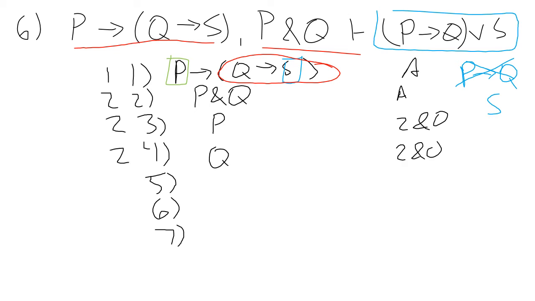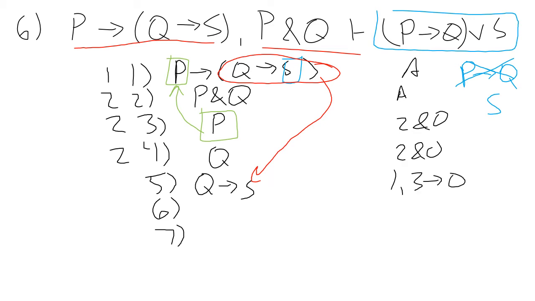And now I've got my antecedent for my conditional statement. Have to write the whole consequent down here. That's going to be from 1 and 3, arrow out, 1 and 2. 1's next to 1. 2 is next to 3.